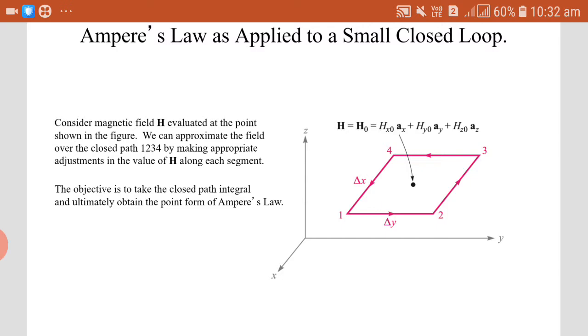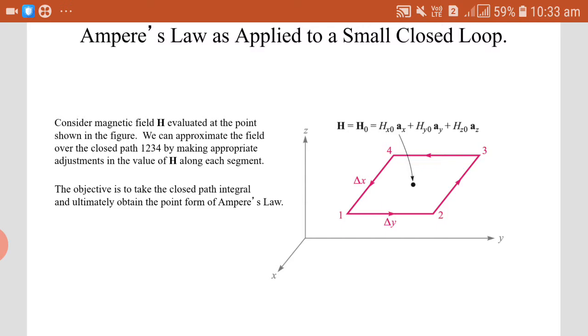Consider a magnetic field H evaluated at the point shown in the figure. So we can approximate the field over a closed path 1, 2, 3, 4 by making appropriate adjustment in the value of H along each segment. In the figure, 1, 2, 3, 4 is a closed path, where we need to find the magnetic field H at a point inside this path.